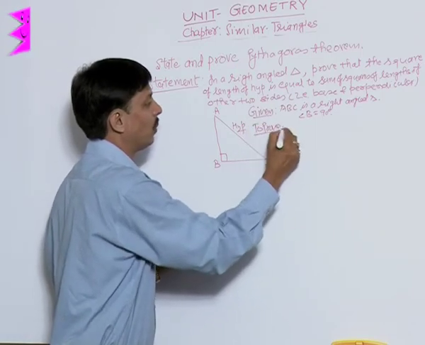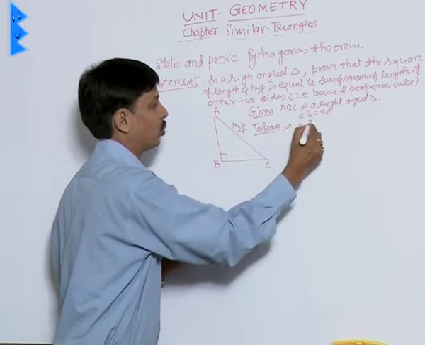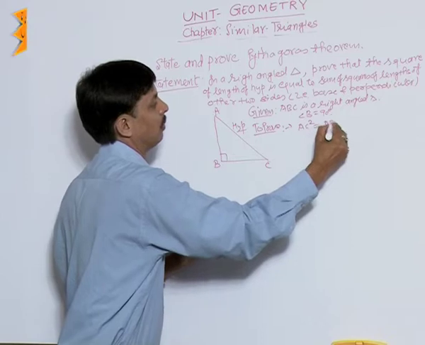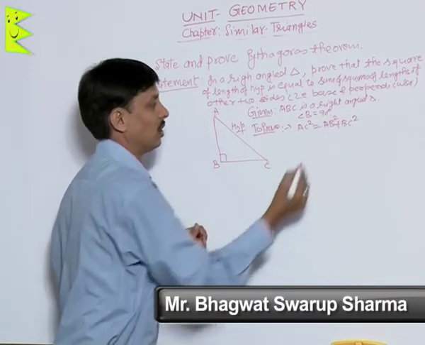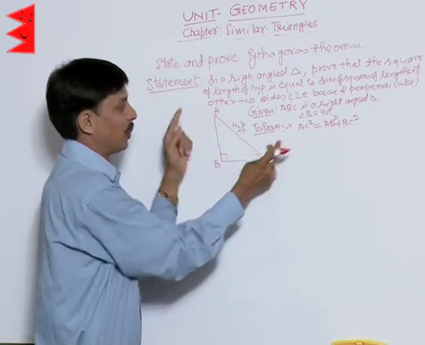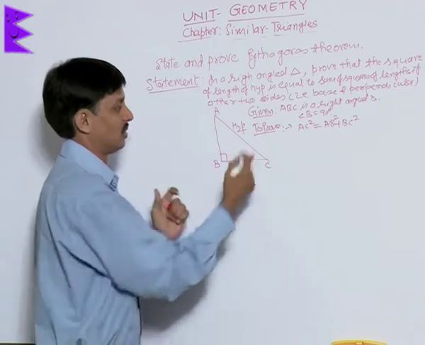We need to prove that the square of the length AC, the hypotenuse, is equal to AB square plus BC square. We want to show that the square of the length of the hypotenuse is equal to the sum of squares of the other two lengths. This is to prove.